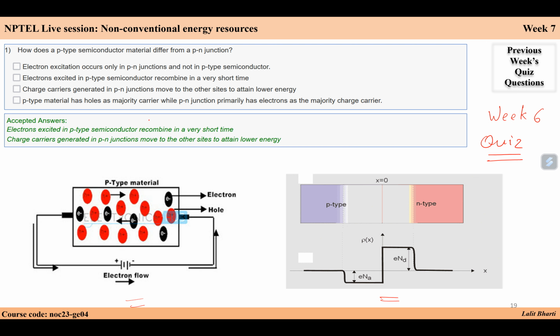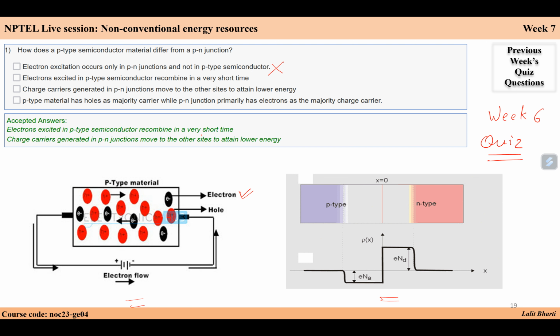The first statement is that electron excitation occurs only in a PN junction and not in a P-type semiconductor. But that is incorrect because electron excitation can happen in P-type also. It happens in both. So this statement is incorrect.